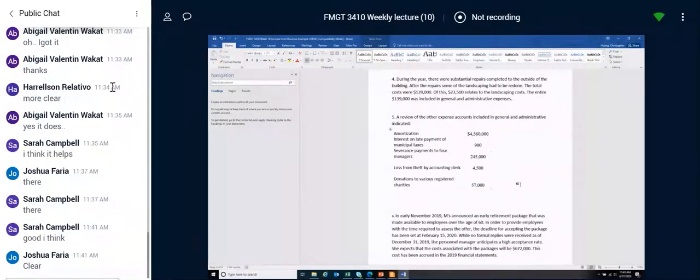For individuals, when you do your own personal tax return and make a donation, you get a tax credit. So individuals who do a donation get a tax credit.